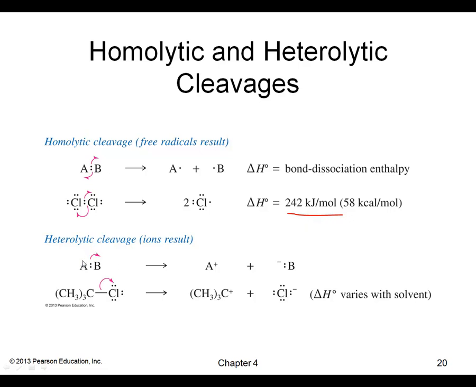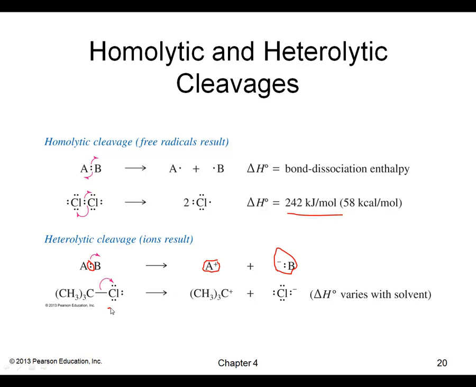In a heterolytic cleavage, here we're saying that both of these electrons are going to B, and so B gains a negative charge, leaving A with a positive charge. And here we see that same kind of thing.